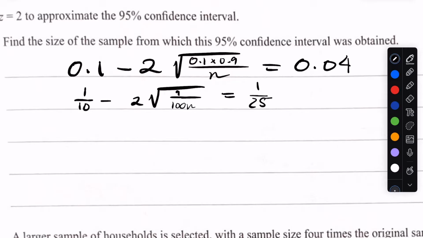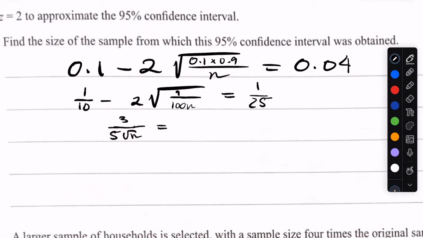Now, you can say that 2 times the square root of 9 on 100n, which we can simplify, just be 3 on 10 root n. And then that goes to 5. So 3 over 5 root n is equal to 1/10 minus 1 on 25.